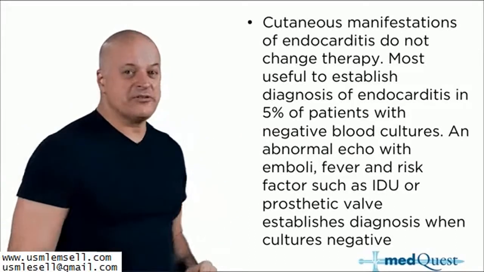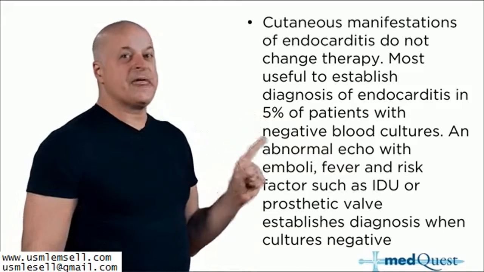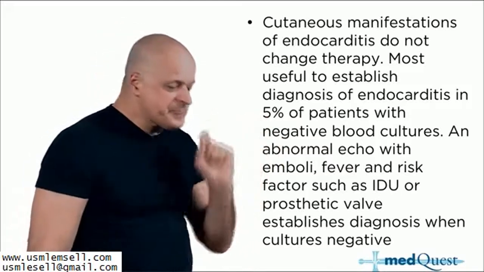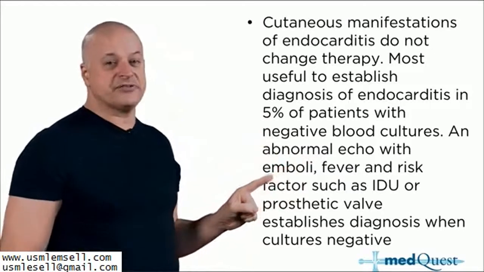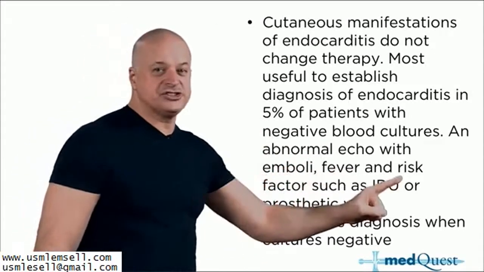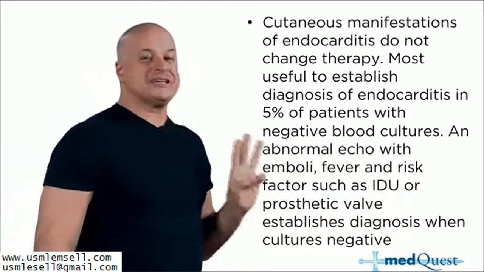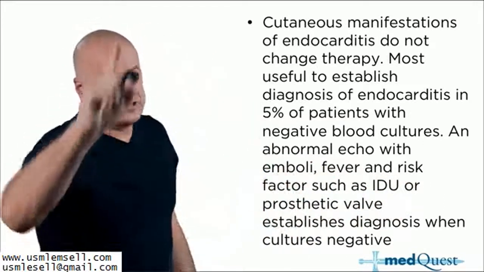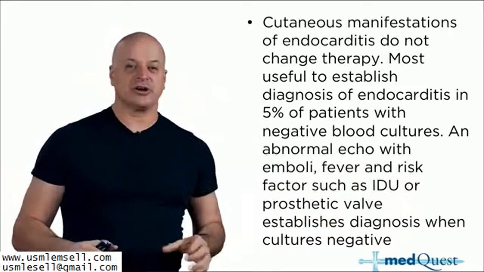In those people, what you do is look for fever, a risk factor, and embolic phenomena. Those three things together and a vegetation on the heart valve can be the diagnosis of endocarditis.